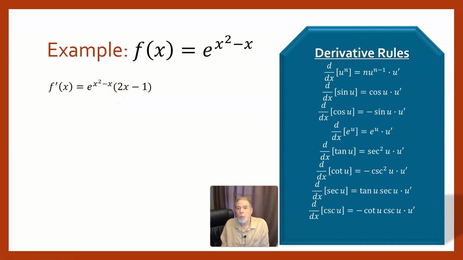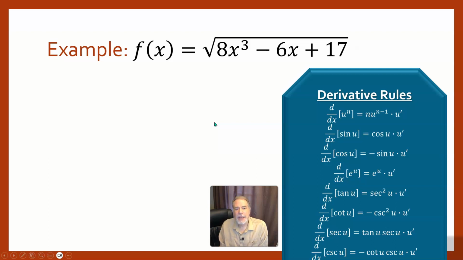The chain rule always has us multiplying by the derivative of the something. So here the something is x squared minus x, and the derivative of that something is 2x minus 1. And it might look a little more natural if we put that out in front: 2x minus 1 inside parentheses, because it's the whole thing, times e to the x squared minus x.